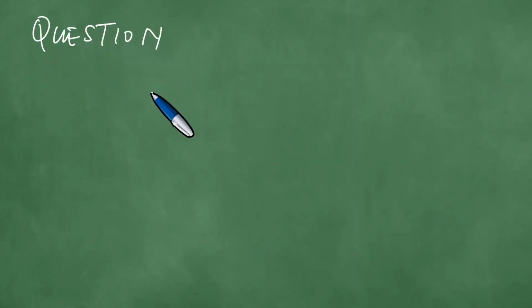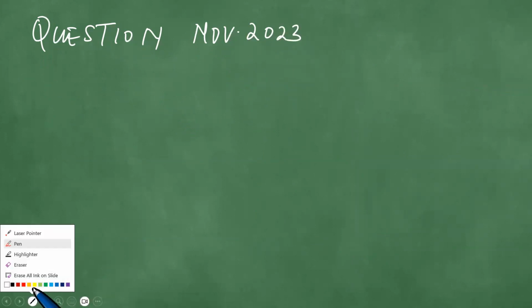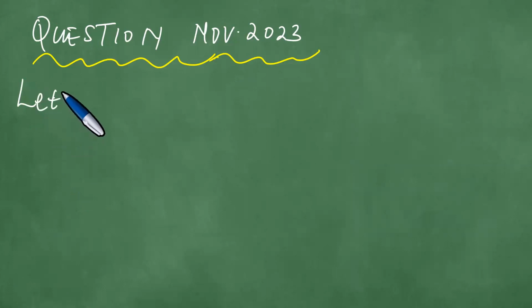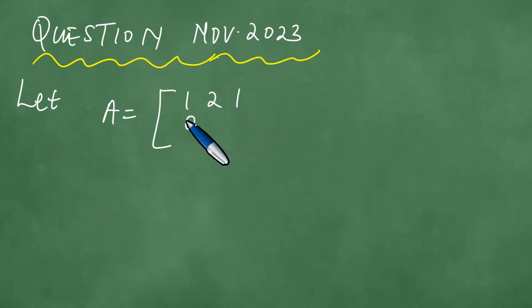It is a question that came as well in November 2023. Let A be the matrix 1 2 1, 0 2 5, 1 0 minus 1.